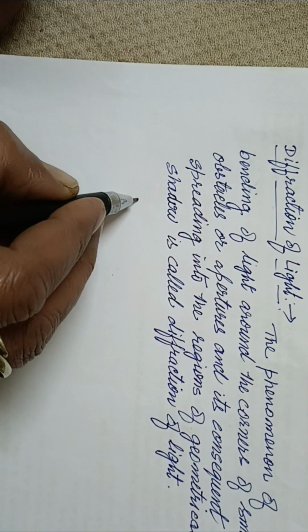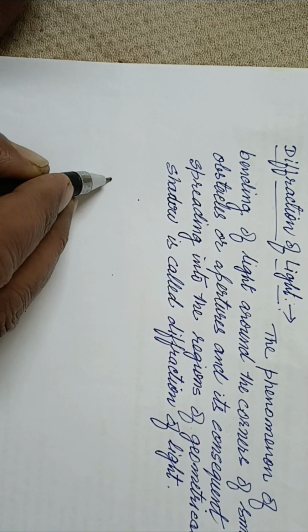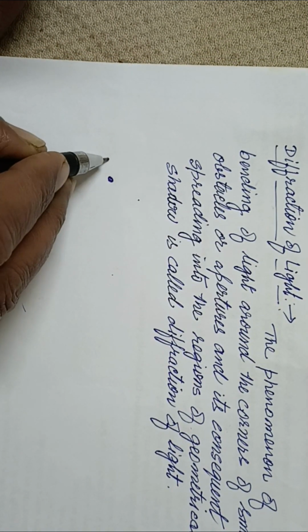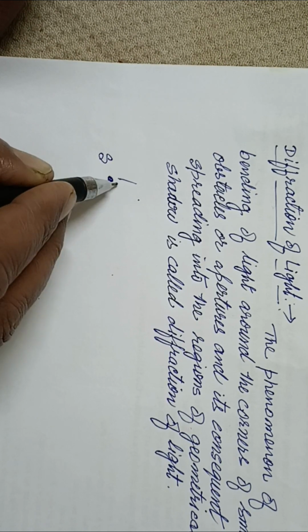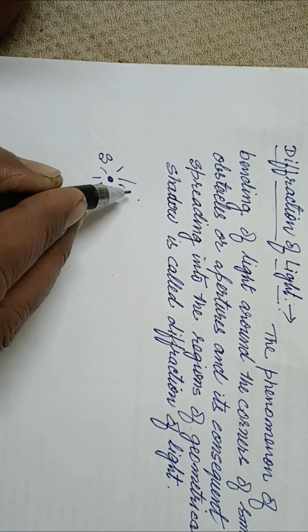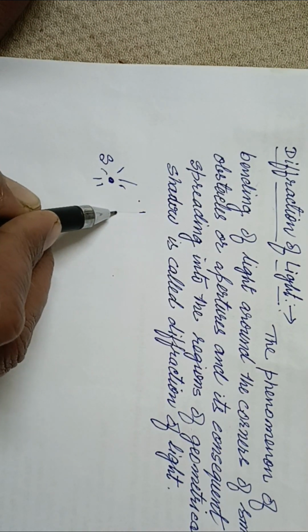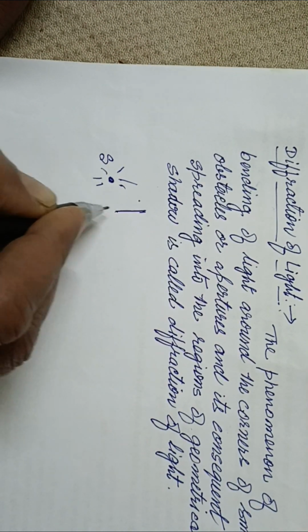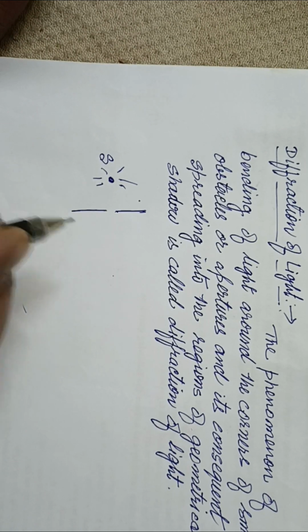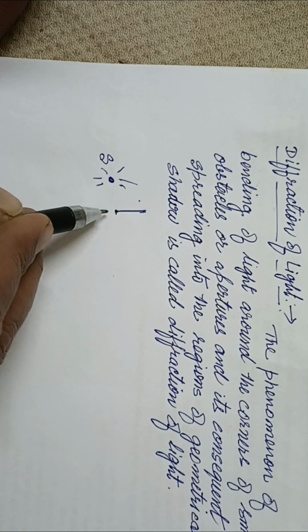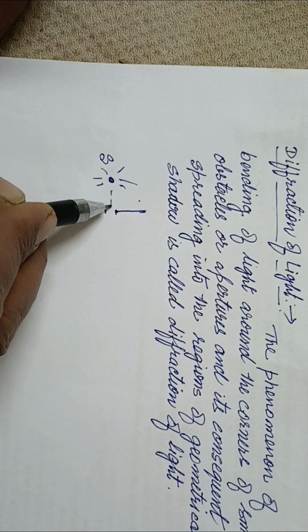Suppose this is the light source. There is a light source and it is spreading in all the directions, and suppose I have put a slit in front of that, and from this slit the light is entering.